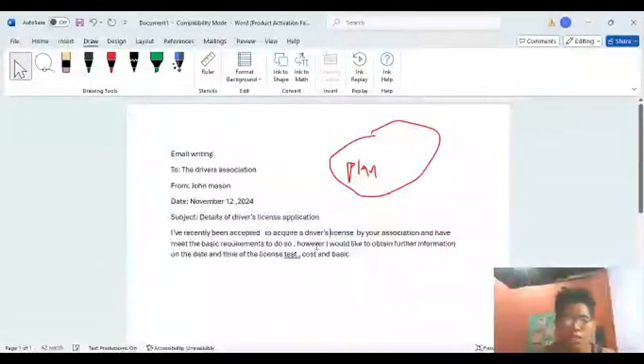I've recently been accepted to acquire a driver's license by your association and have met the basic requirements to do so.